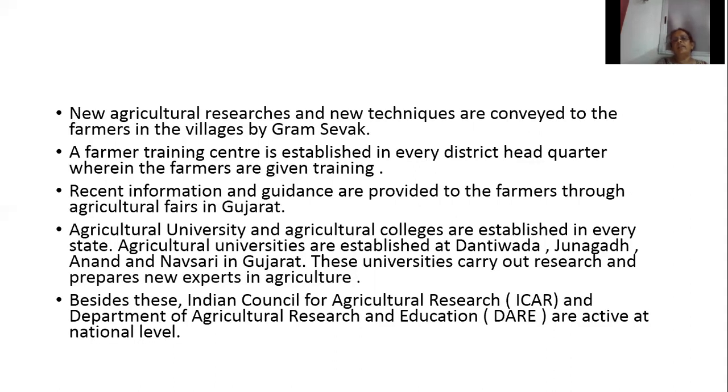So if anything new is found in the field of agriculture, and new implements, new machines are invented, they are given the information by the Gram Sevaks. The Gram Sevaks visit the houses of the farmers and give them information regarding new agriculture research and new techniques.